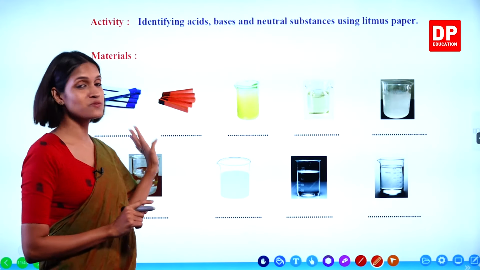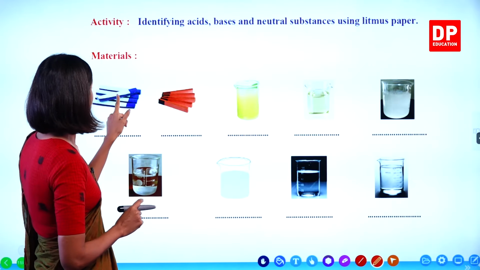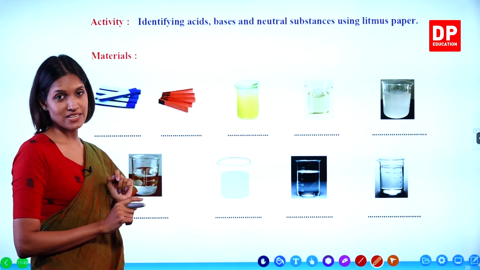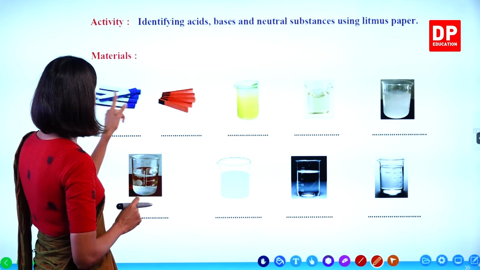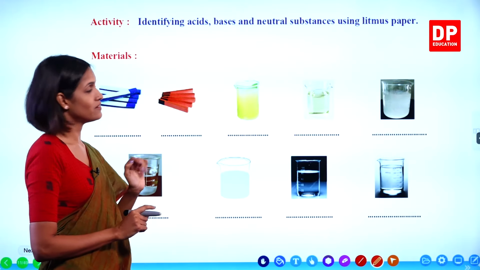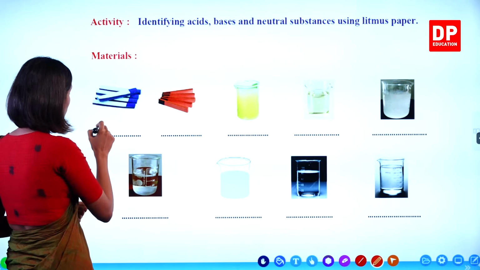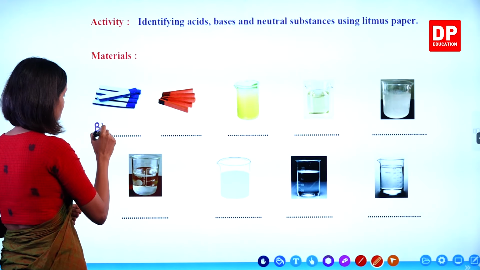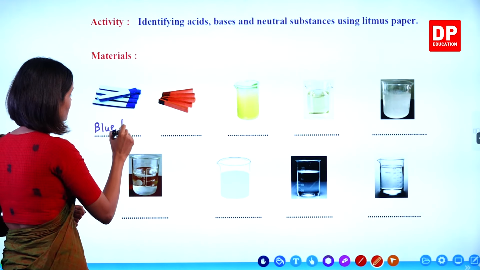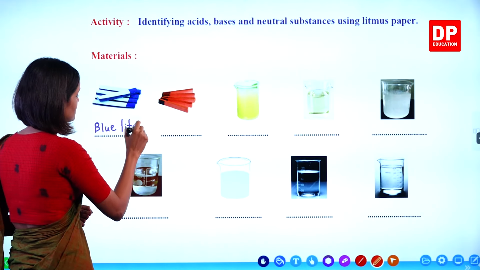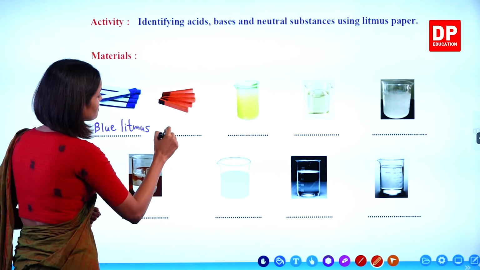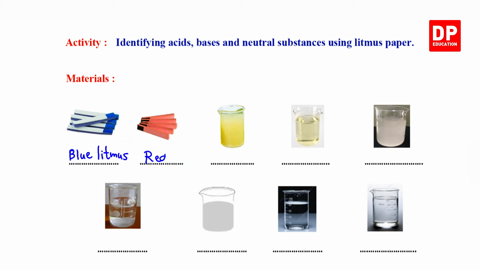Okay, so look at this one. What are the materials we need to do this activity? Now this is the blue litmus, right? They are strips of paper. It comes as a strip. So blue litmus, and we need red litmus.